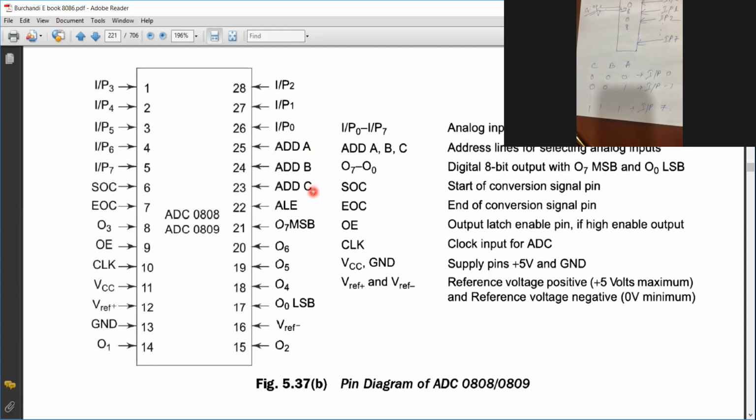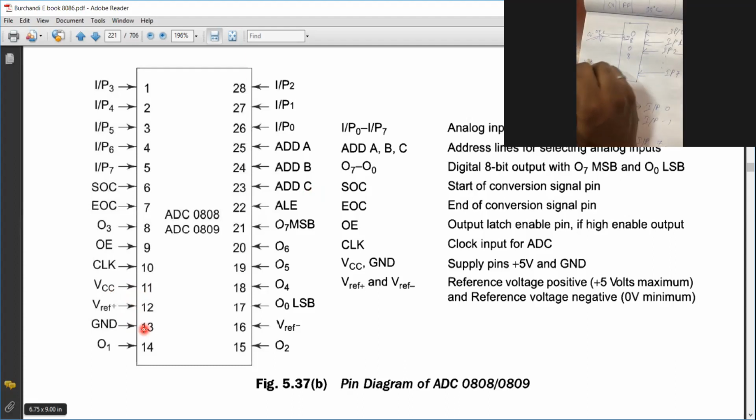Oh, VCC is there, pin number 11, connected with plus 5 volt. Ground is connected with ground, right? Next function is V reference plus and V reference minus. It is a very important pin.